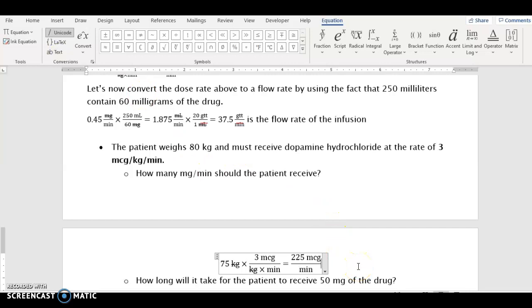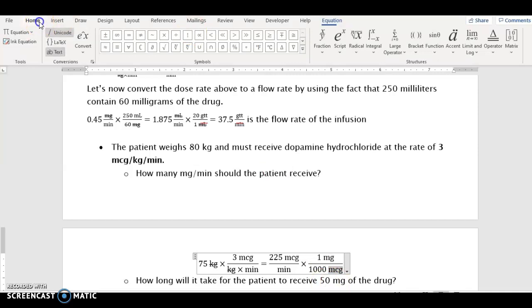So remember, 1 milligram is equal to 1,000 micrograms. So we're literally going to divide this by 1,000. In 1 milligram, we have 1,000 micrograms. That's something you should know already based on our study of the metric system a few weeks ago. So we're going to divide that by 1,000. 225 divided by 1,000 will give us the dosage rate in milligrams a minute.